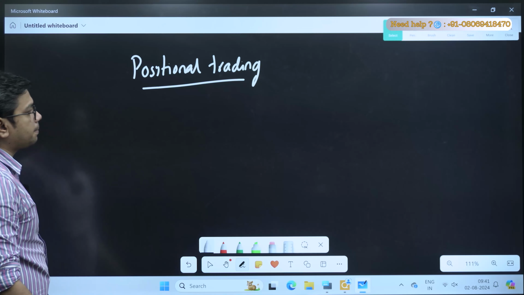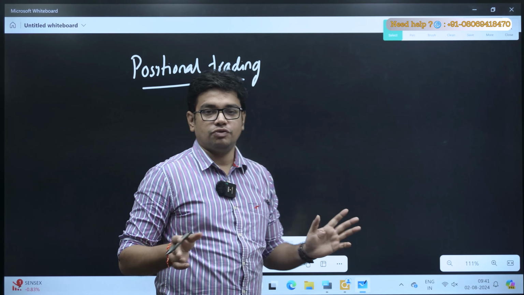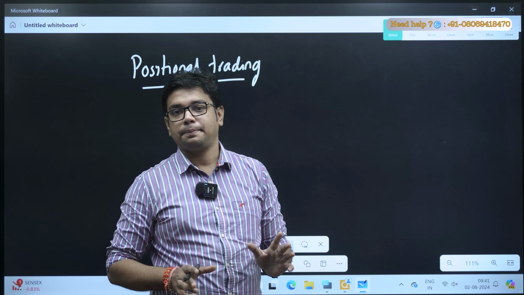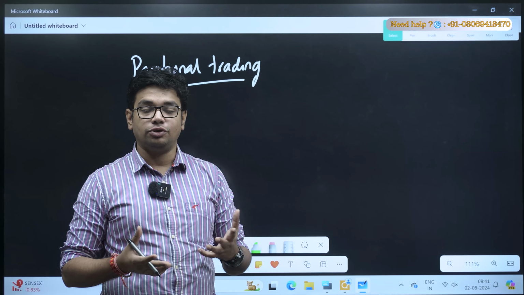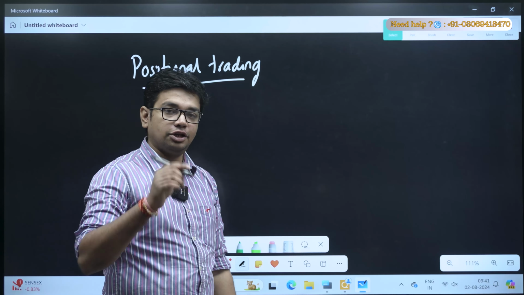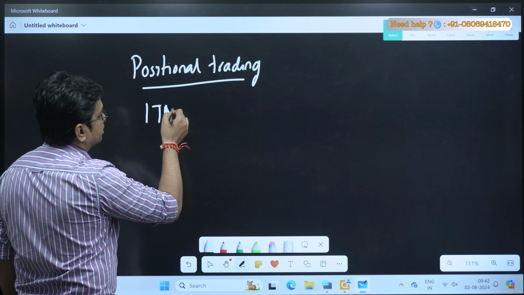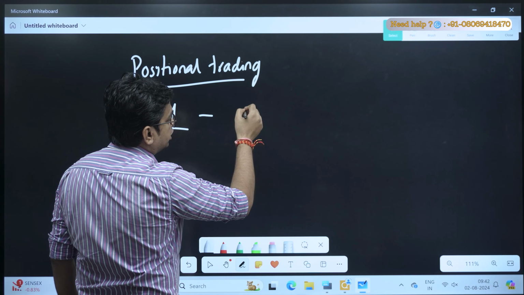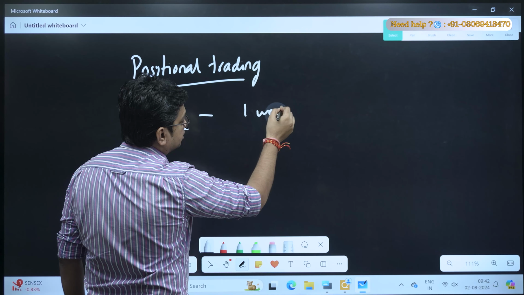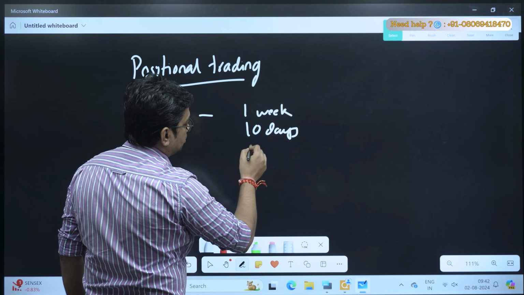Positional trading. First of all, for positional trading, we should never go for naked option buying. Even if you are very brave and want to take more risks, you should always consider the ITM level, because in positional trading you are going to hold for 1 week, maybe 10 days, maybe 1 month.